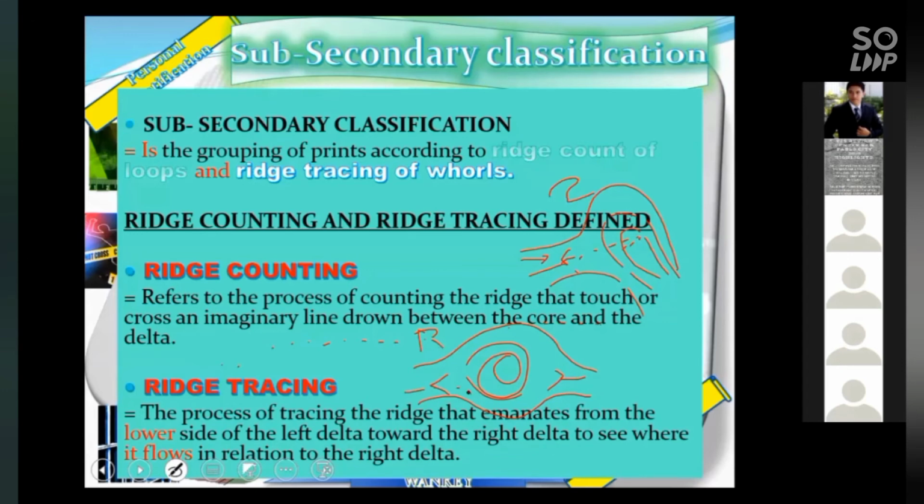So, this is the tracing. Whether it touches 2 ridges below the delta or 3 ridges above the delta determines whether it is inner, meeting, or outer.